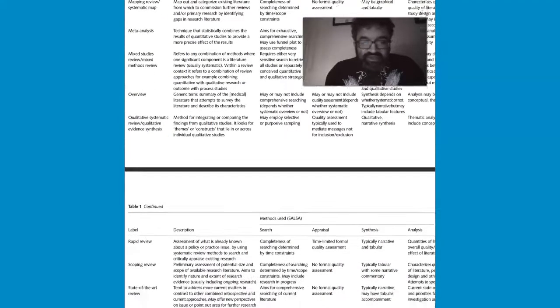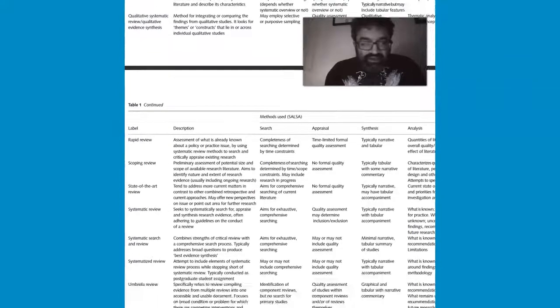And the table continues actually, and if you take a look, there's the rapid review, the scoping review, state-of-the-art review, systematic review, systematic search and review, systematized review, and umbrella review.